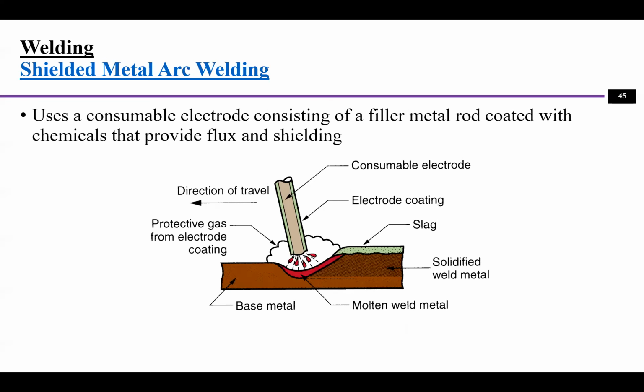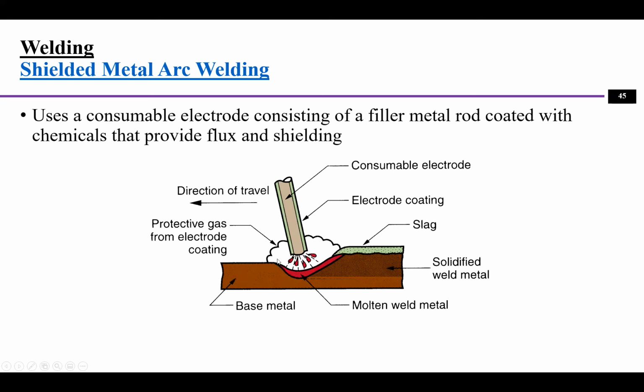Another typical arc welding process is called shielded metal arc welding. The typical setup is that we have a consumable electrode in the middle, but outside we actually have an electrode coating. The coating is made of materials that, when melted, create a protective gas.